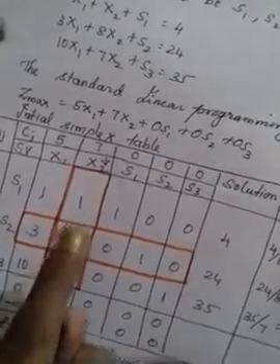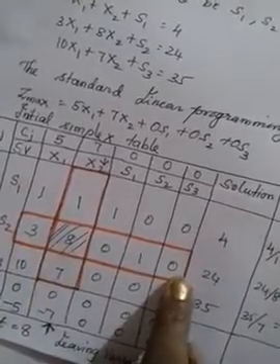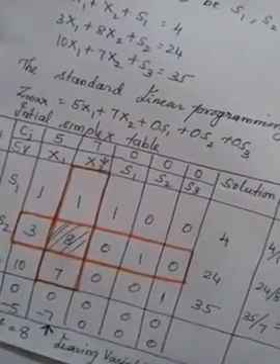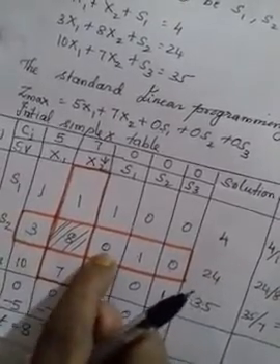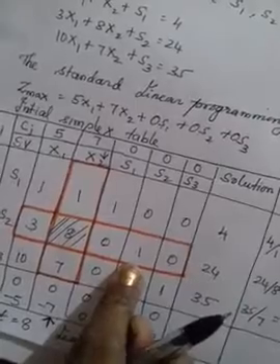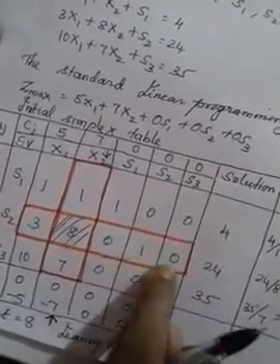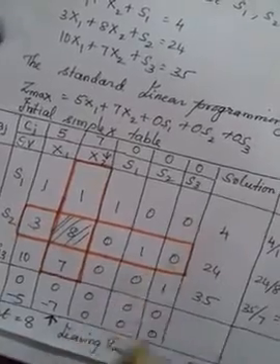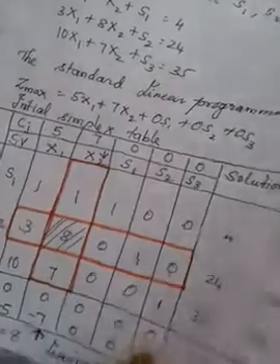So if you want the number 1, you have to divide this entire row by 8. Then 8 by 8 we get 1, here 3 by 8, and 0 by 8 we get 0, here 1 by 8 we get 1 divided by 8, and 0 by 8 we get 0. Is it clear?